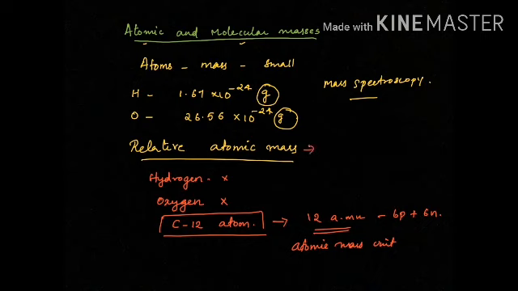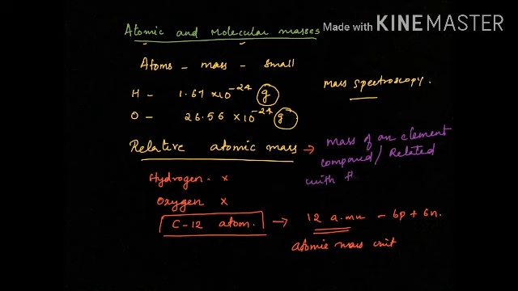We can say that relative atomic mass is the mass of an element compared or related with the carbon 12 atom. That is what we can say about the relative atomic mass.